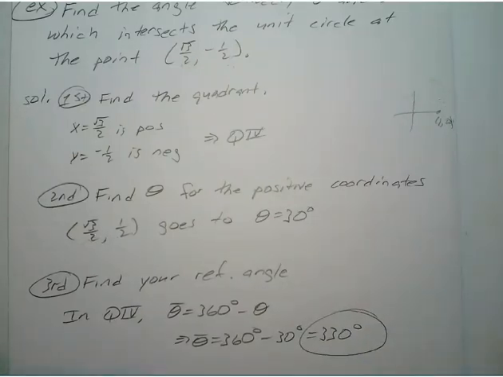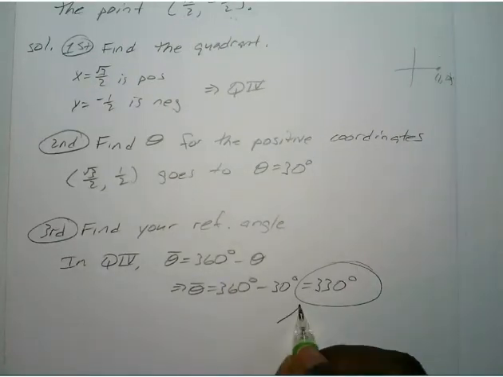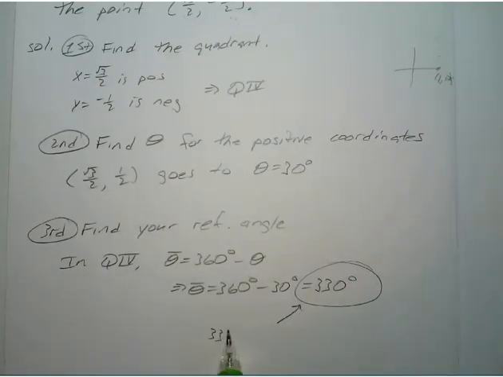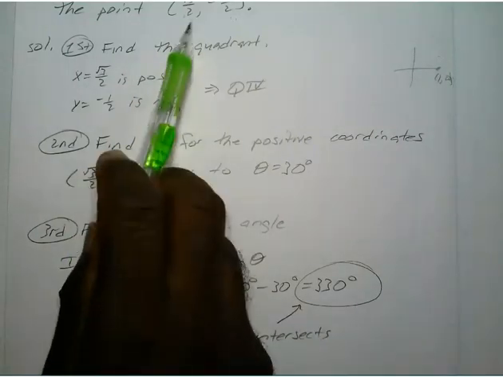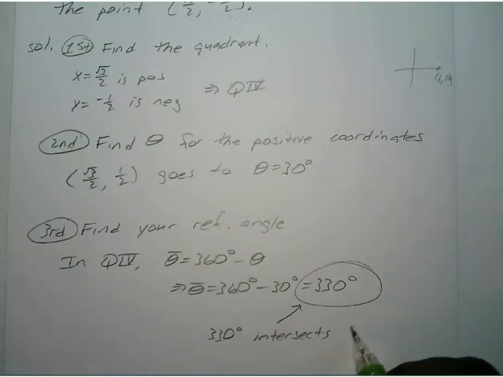So what does this tell us? That 330 degrees intersects the point square root of 3 over 2, negative 1/2.